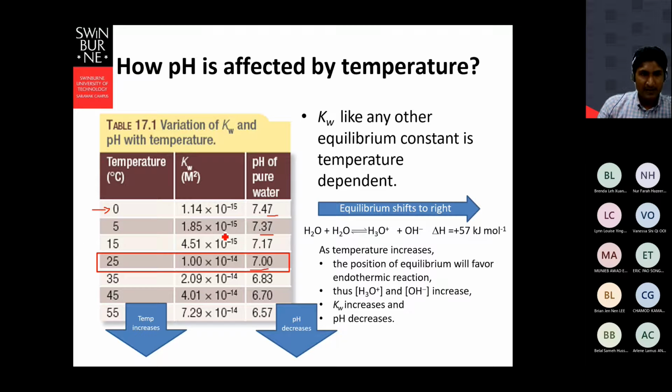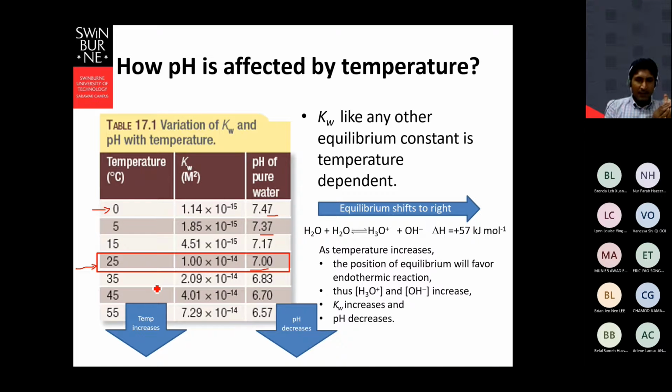So at 25 degrees centigrade, the pH of the water is 7. This is the normal or neutral pH of water. Whenever we buy water, we see the pH given on the label.